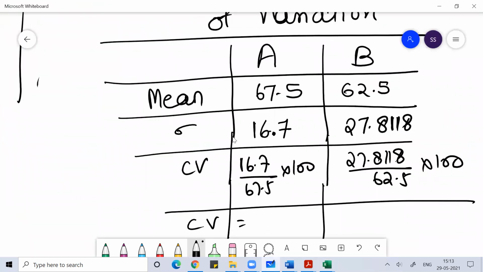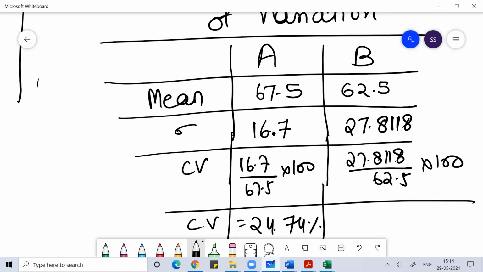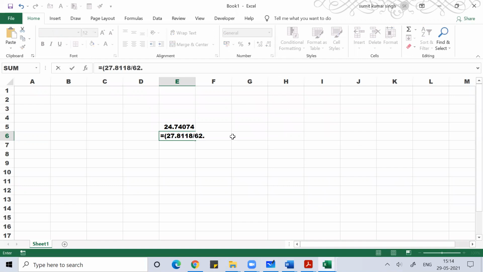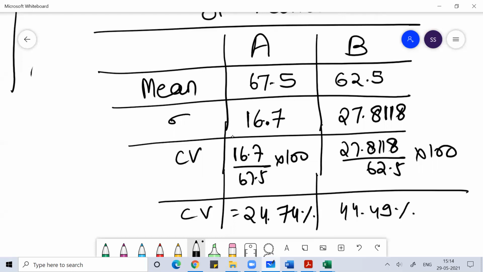Then 27.8118 divided by 62.5 into 100 is 44.49 something. So you can see which has the lesser coefficient of variation.